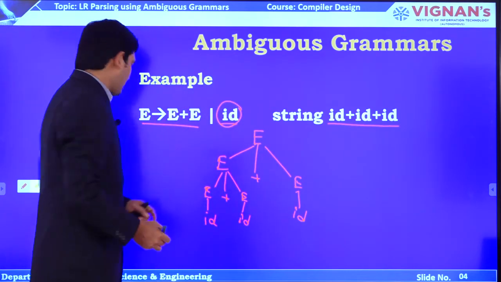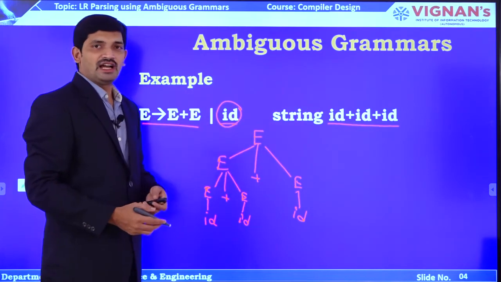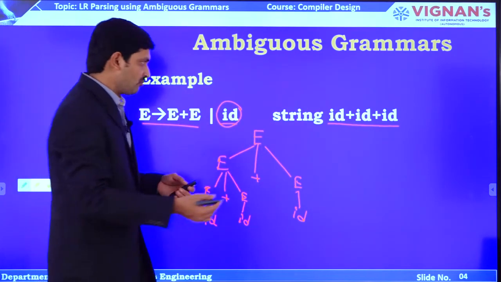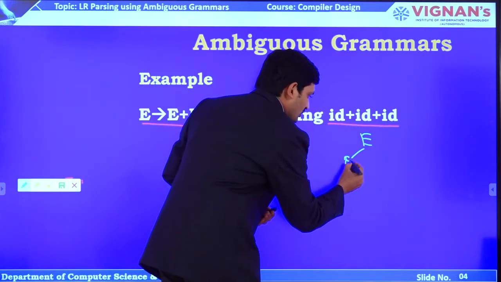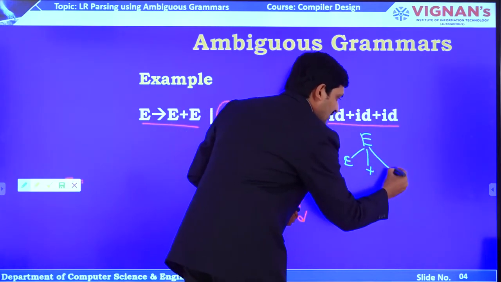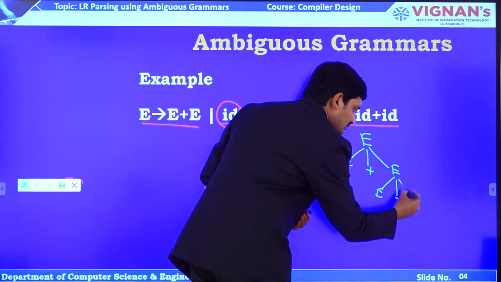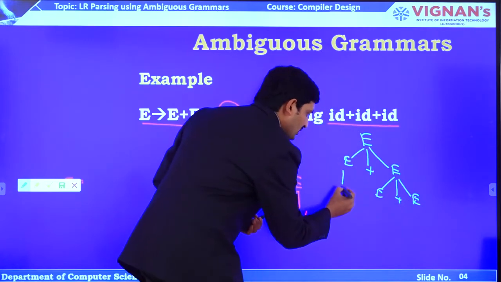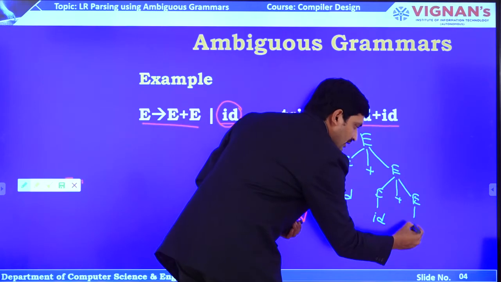So, this is one parse tree that I am generating from the given grammar for the string id plus id plus id. At the same time, I can also generate the string as E tends to E plus E, and E tends to E plus E, and using the productions as id, id, id.